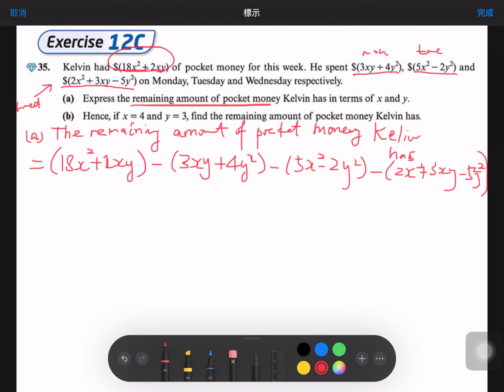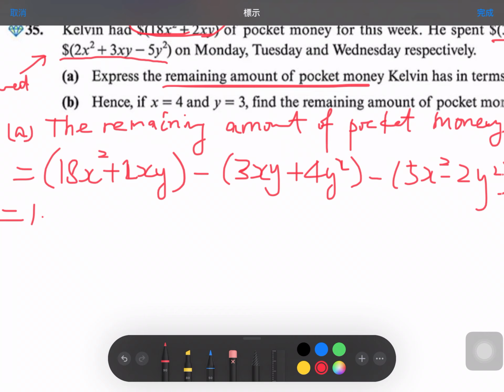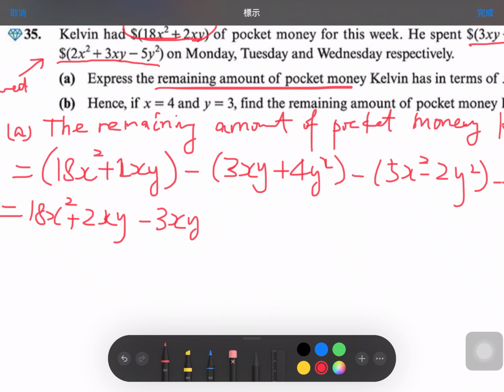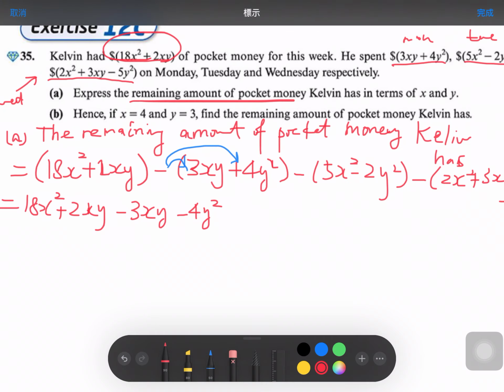Then secondly, you need to remove the bracket one by one. So first, remove the first bracket, and then remove the second one. And be careful, there is a minus sign, so you have to do it like this, minus this part, and then minus 4y squared is like you need to do this multiplication.